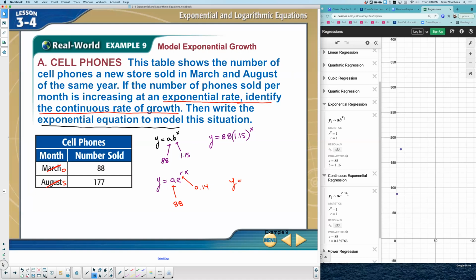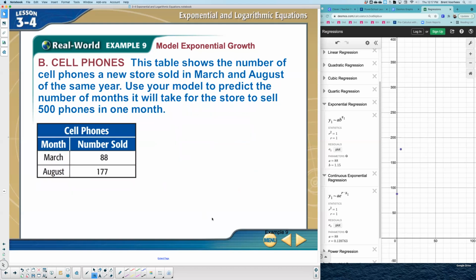So it would be y equals 88 e to the 0.14x. Since I'm rounding, I should do a squiggly here. That would be my equation approximately, with the rounding.